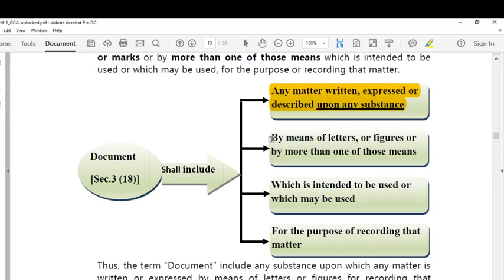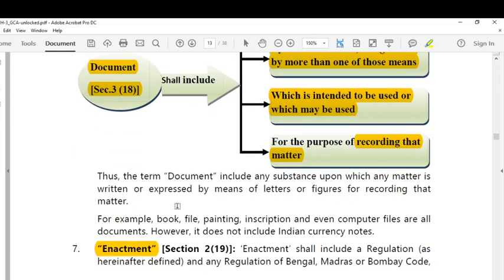It also includes letters or figures or more than one of those means, which is intended to be used or which may be used for the purpose of recording that matter. That is called a document under section 3 subsection 18.